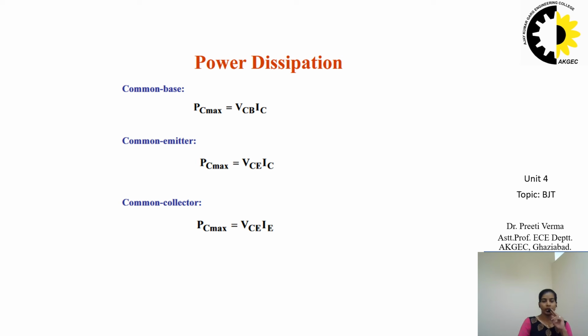Then the third one, common collector configuration, the maximum power consumption can be calculated by obtaining the product of VCE multiplied by IC. In this way, using the output current and the output voltage, we can calculate the power dissipation of the three configurations of the bipolar junction transistor.